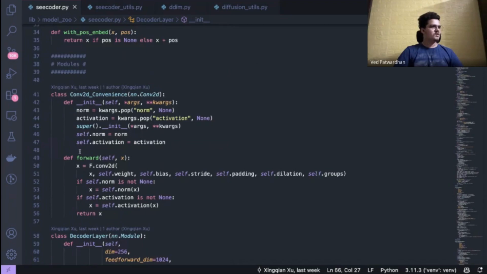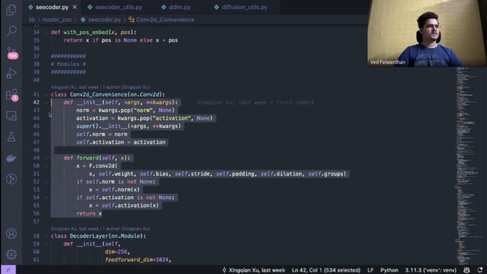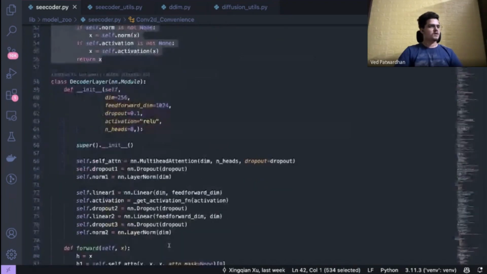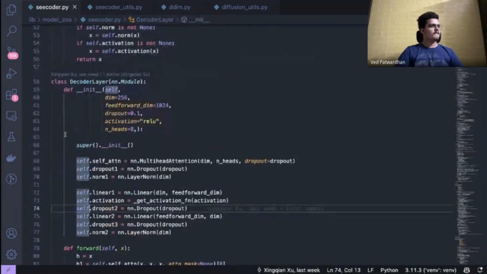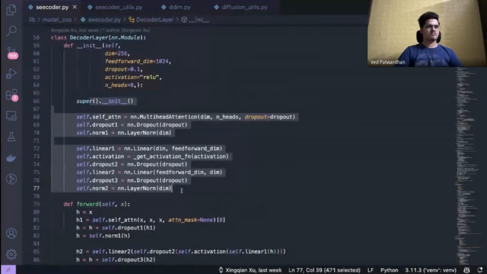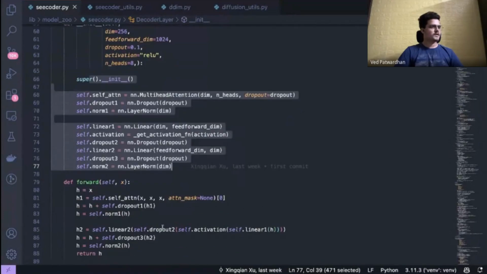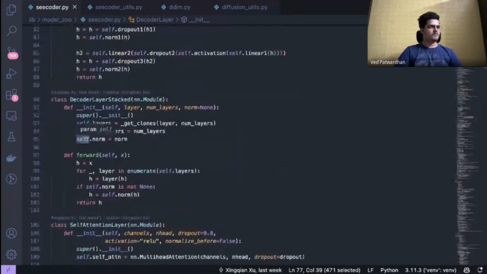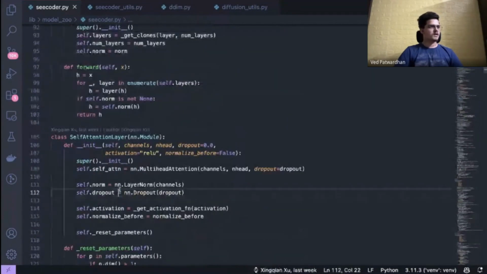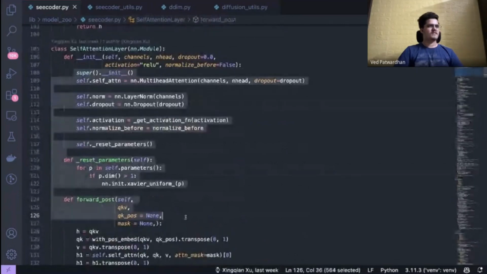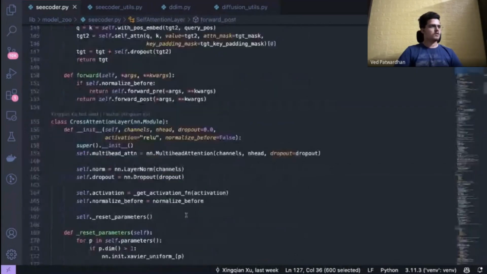So obviously, this is just for applying the convolutions inside the decoder. And this is just the general multi-head attention layer inside the decoder, where you stack a number of layers, and then the attention mechanism, again the same one.